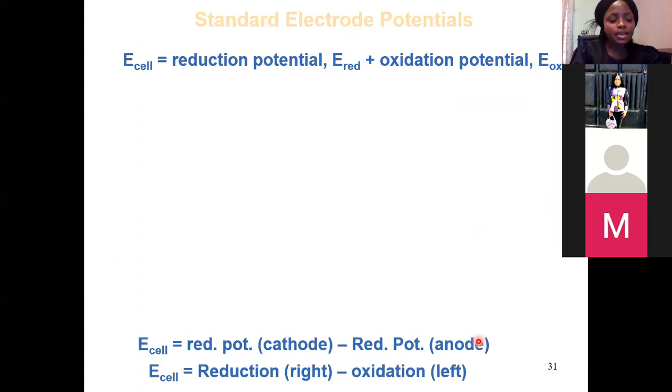Or you can say the reduction potential of the reduction plus the oxidation potential of the oxidation reaction. If you use this first equation, then you have to do that reverse.